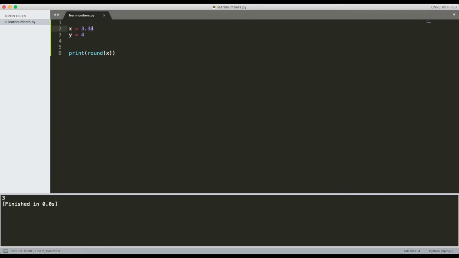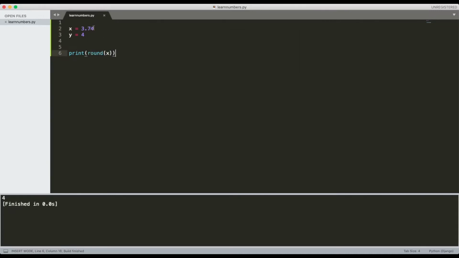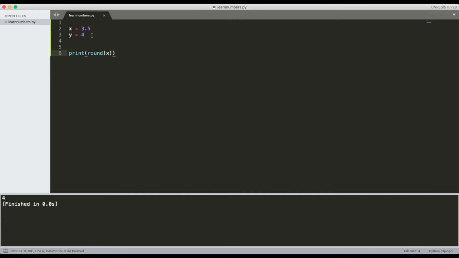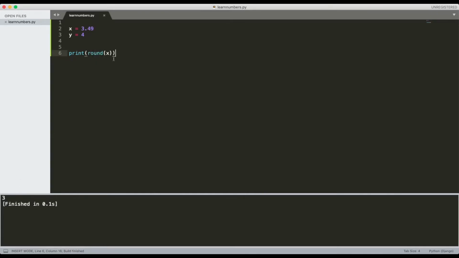So 3.34 rounds down to 3. This is 3.7, the nearest integer is 4. 3.49, the nearest integer should be 3. So that makes sense. You can also add another argument.